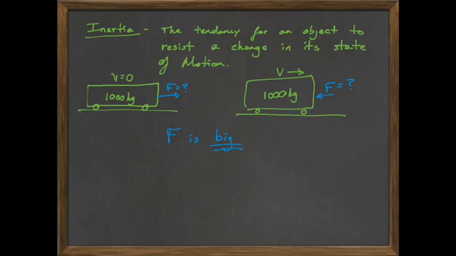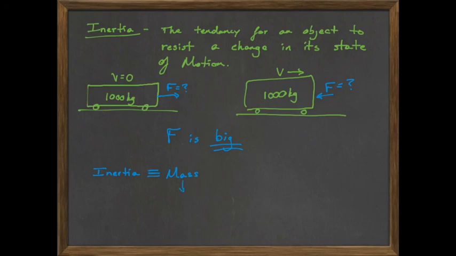Okay, but the idea is that inertia represents how an object resists the change in how it's moving. In the first example, it wasn't moving, so it has a tendency to stay that way. And the harder it is to change that state, the more inertia the object has. So in fact, a way to kind of think about inertia, okay, is inertia is very similar to mass.